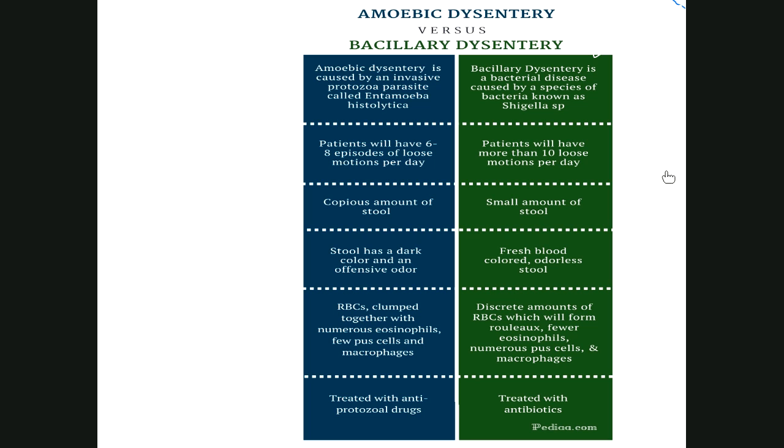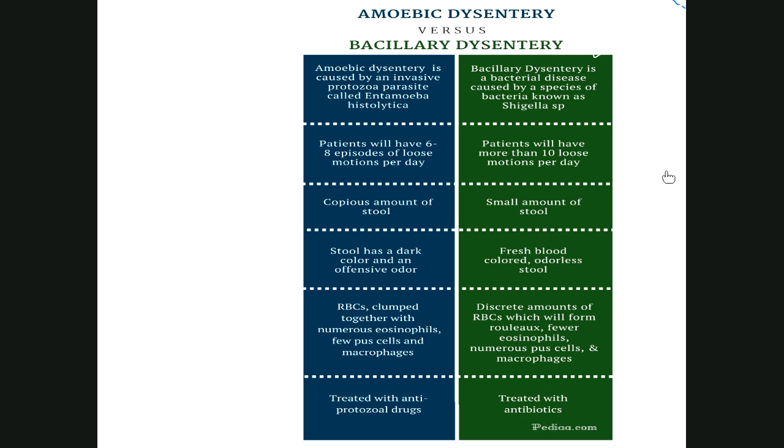It is not that pus cells are not present because it does not produce an inflammatory reaction. It produces an inflammatory reaction, but the absence of pus cells in amoebic dysentery is because the amoeba at the local site destroys the pus cells. It causes destruction of macrophages and neutrophils.